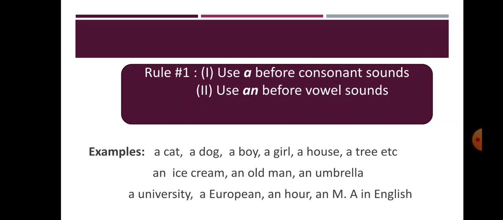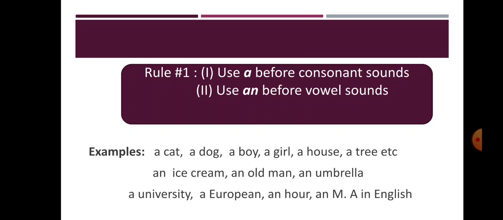Like a university, a European, an H R, an M A in English. Because you see that university is starting with U, a vowel, but still we place a before university. We won't write an. Why, children?